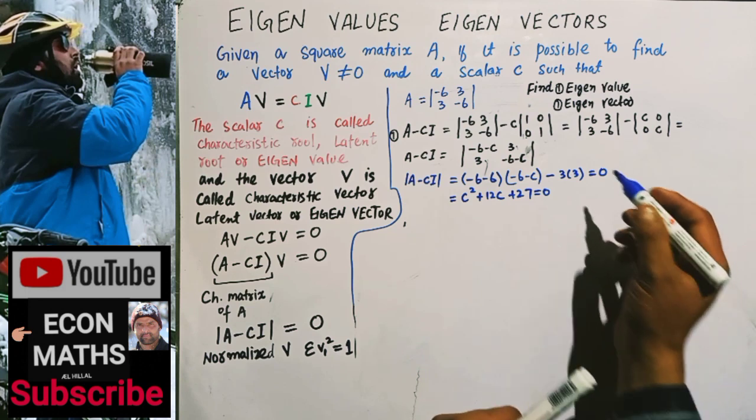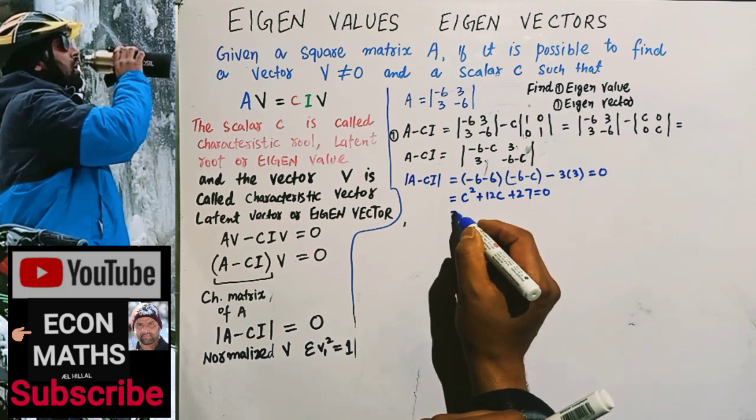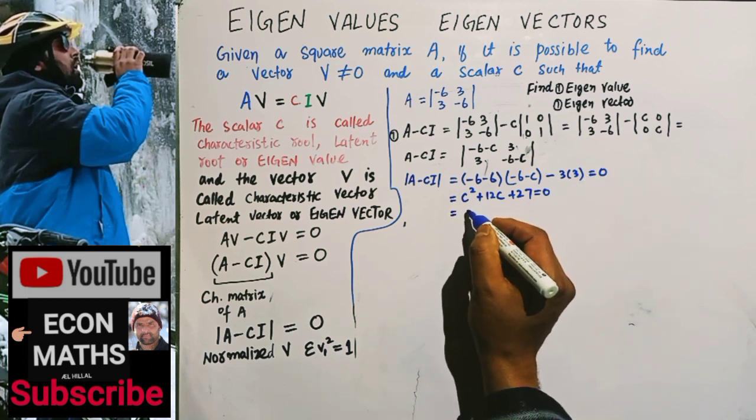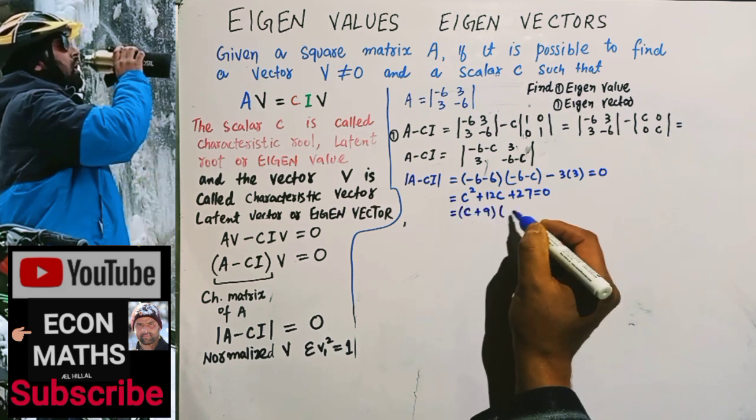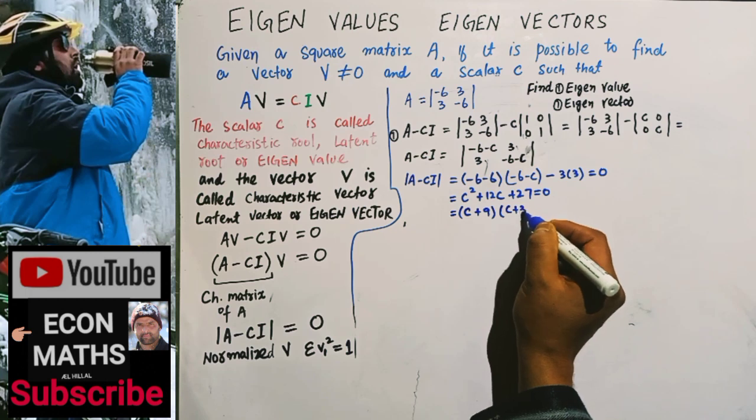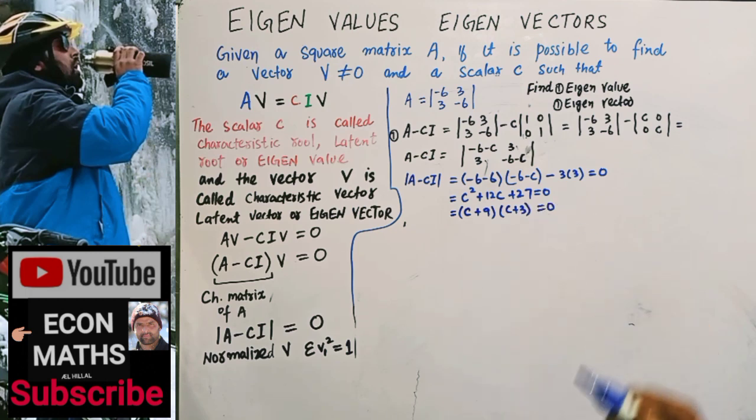When we solve this by factorization, it comes out to be C plus 9 times C plus 3 is equal to 0.